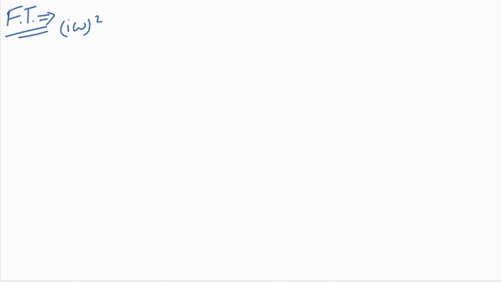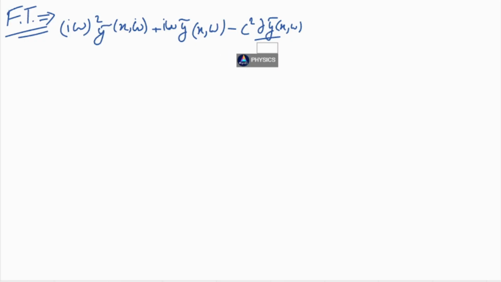We take the second derivative of y tilde plus i omega of y tilde minus c squared del squared y tilde by del x squared, and this whole thing is nothing but 0.